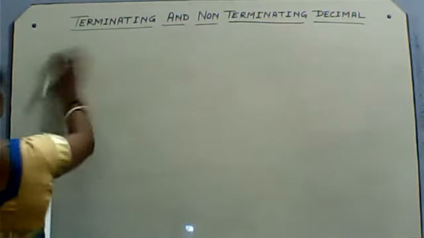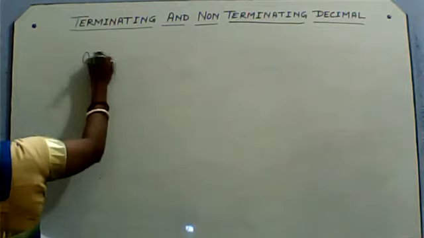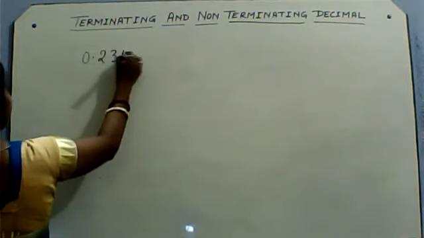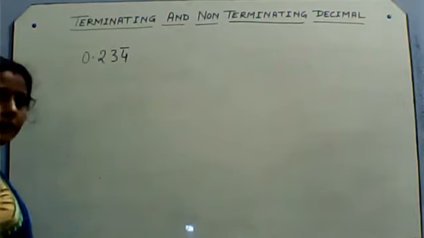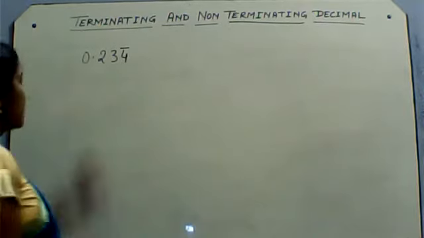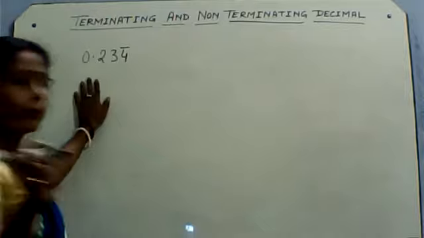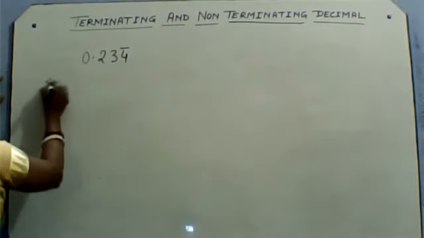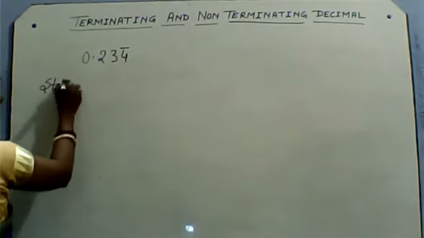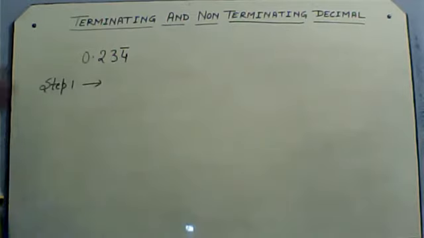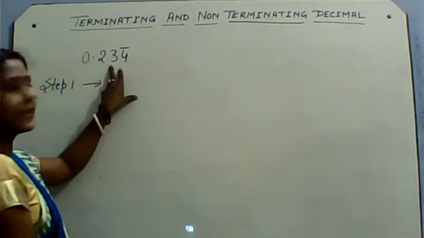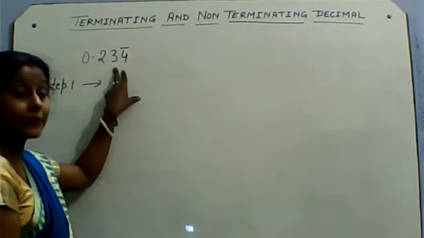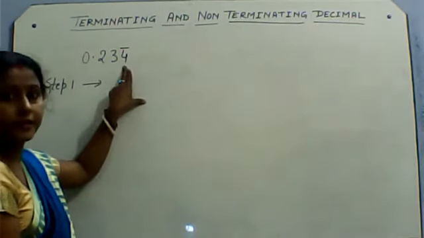Suppose you have 0.234 and 4 is repeating. Here 4 is repeating. So in your step 1, what you will do? In step 1, you can see in this 234, 2 and 3 are not repeated, only 4 repeated.